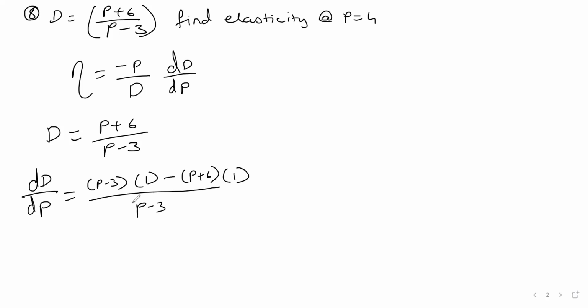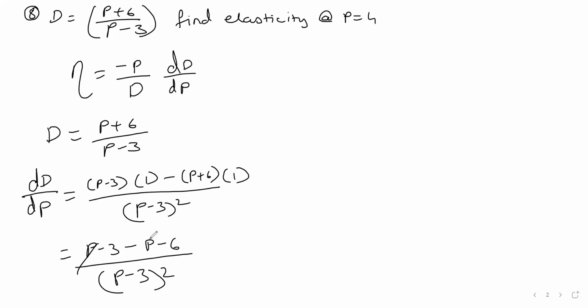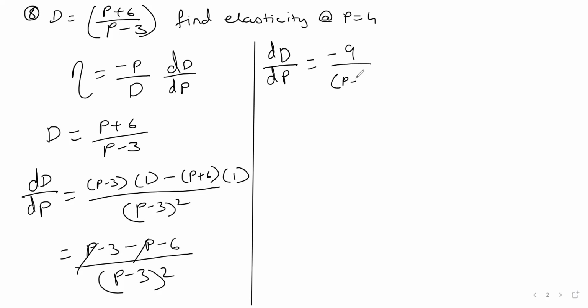Whole thing upon (P minus 3) squared. This is P minus 3 minus P minus 6 upon (P minus 3) squared. So dD/dP is minus 9 by (P minus 3) squared.